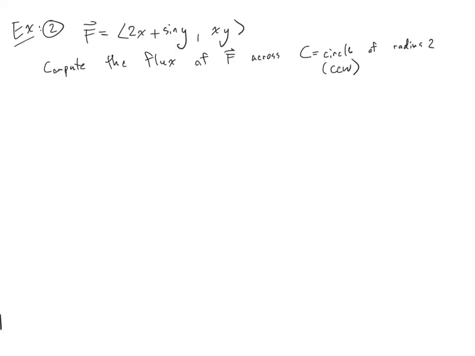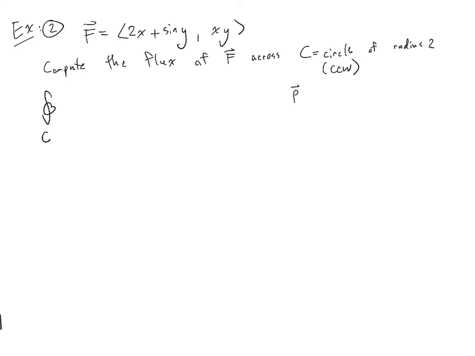So here's a harder f. Let f be 2x plus sine y, comma, xy. Let's compute the flux of f across the circle of radius 2. I could choose to do this by parameterizing my circle.